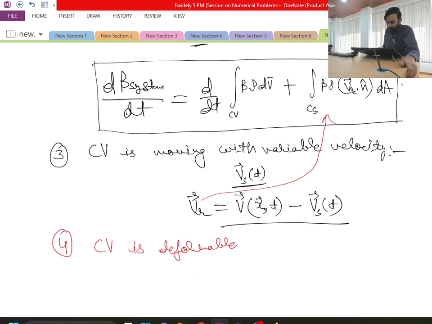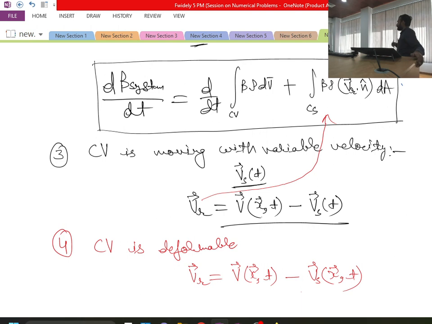So ultimately my relative velocity in this case will become V vector, position vector comma time, minus the surface velocity, which is also a function of both position vector as well as time. So the analysis becomes more complicated. This point is clear? Okay.